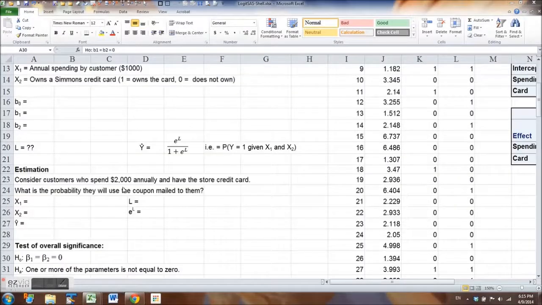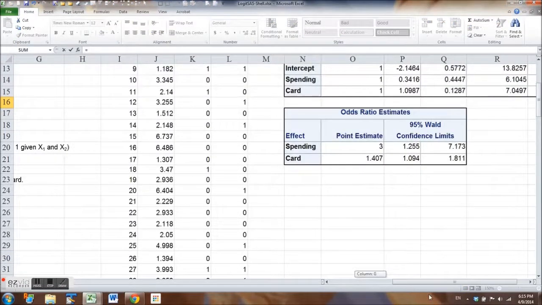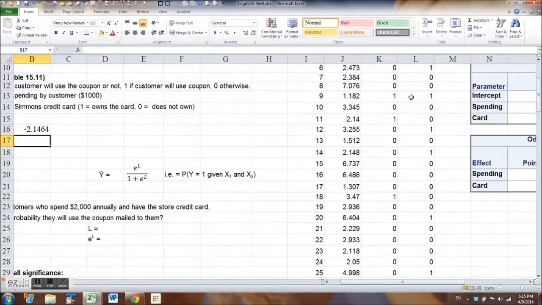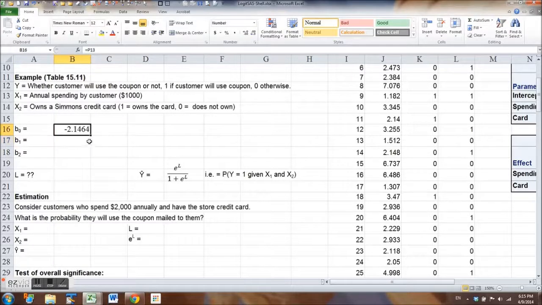So let's get the estimates for the beta coefficients from the SAS output. Intercept b sub 0 is right there, and we can copy that formula down below to get b sub 1 and b sub 2. b sub 1 stands for annual spending, b sub 2 is for whether the customer holds the credit card or not.